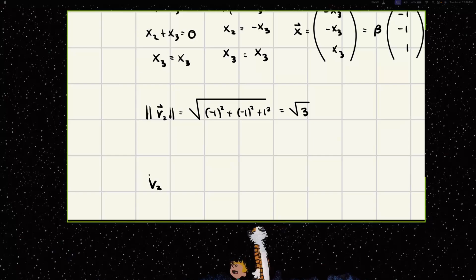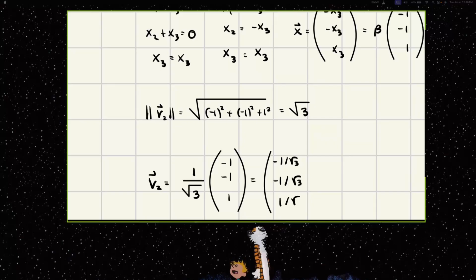So v2 is going to be 1 over square root of 3 times our eigenvector, negative 1, negative 1, and 1. So if we multiply 1 over square root of 3, we're going to get negative 1 over square root of 3, negative 1 over the square root of 3, and then positive 1 over the square root of 3. And so this is our second basis vector v2 in this case. So we found our two vectors. Nice.